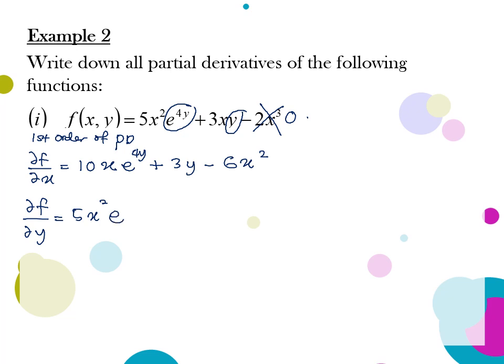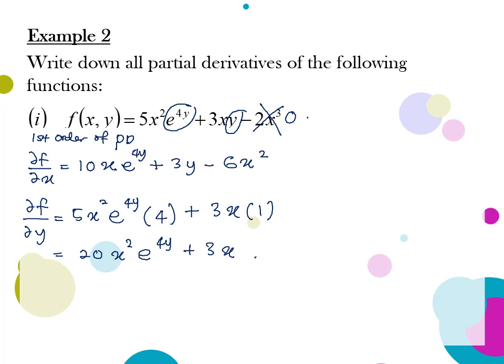Differentiating exponent for y, you get 4. Then plus, differentiate y, you get 1, so you are just left with 3x. Right? So this will become 20x squared exponent 4y plus 3x. Done.